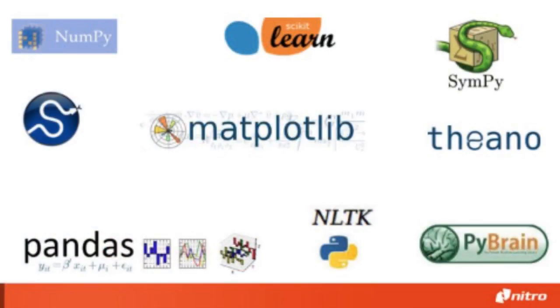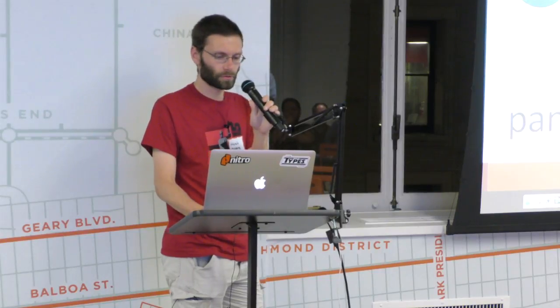Python obviously is quite rich in that respect as well, from linear algebra and NumPy to plotting in MLLib, machine learning in scikit-learn, even symbolic computing in SymPy, which is something that only Octave and MATLAB offer other than Python. But you also have some really advanced solutions that are unmatched in other languages, such as Theano and PyBrain for deep learning. And so this ecosystem is quite rich as well.